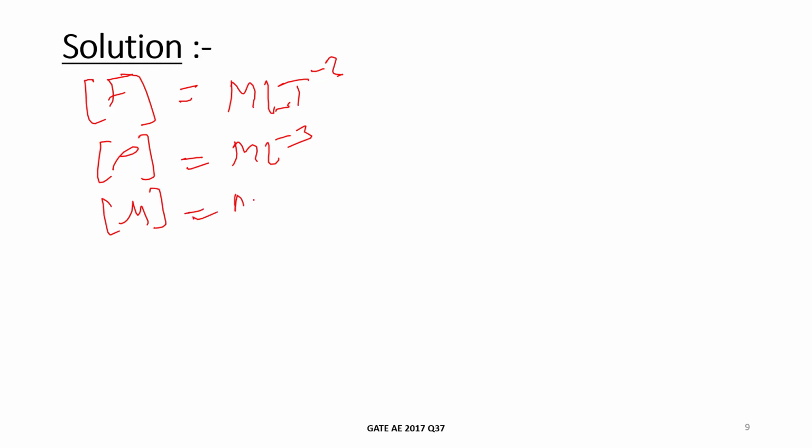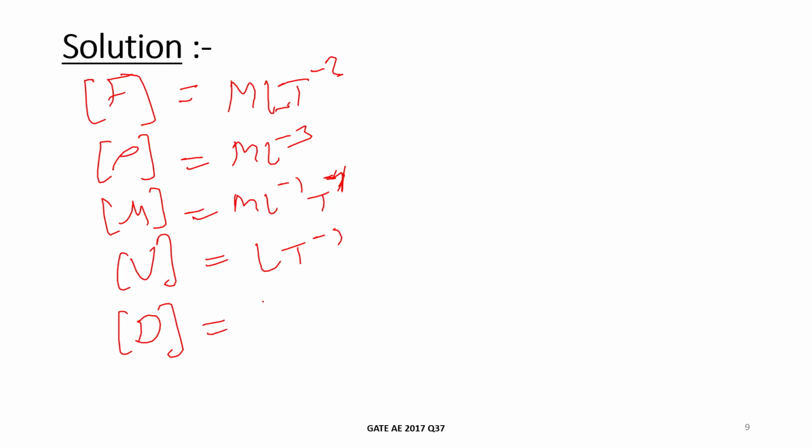Viscosity M L minus 1 T minus 1. Velocity L T minus 1. Diameter L. So there are three fundamental dimensions: mass, length, and time. So we have to choose three repeating variables.